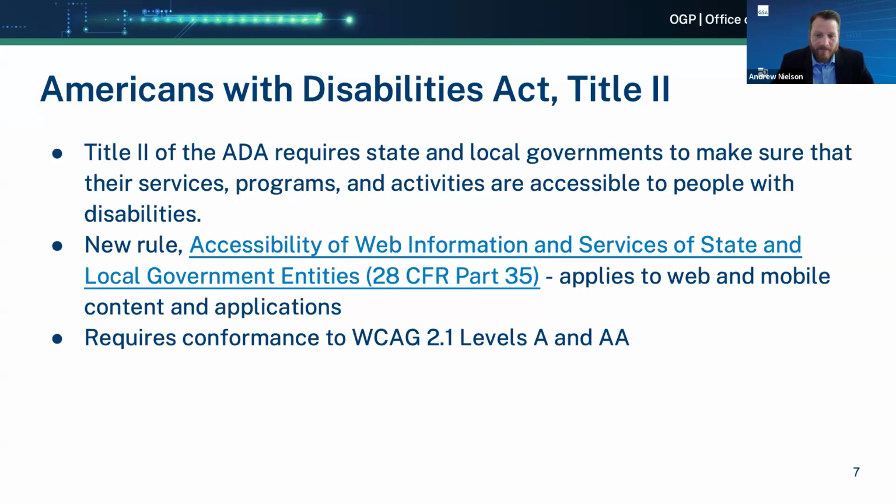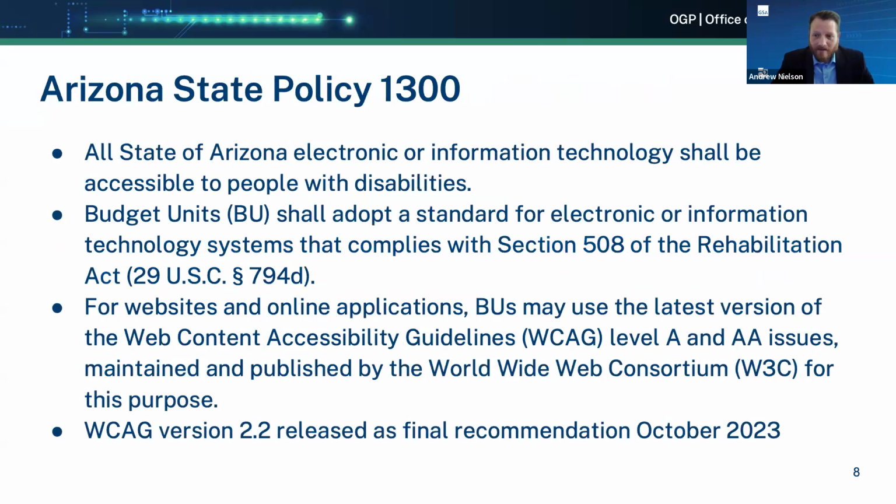levels A and AA. And so when we get to Arizona state policy, Arizona State Policy 1300 requires all State of Arizona electronic and information technology to be accessible to people with disabilities, and then specifically cites Section 508 of the Rehabilitation Act as the requirement.